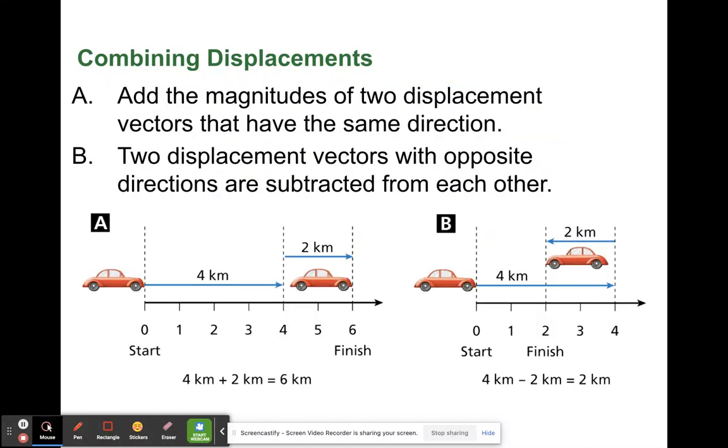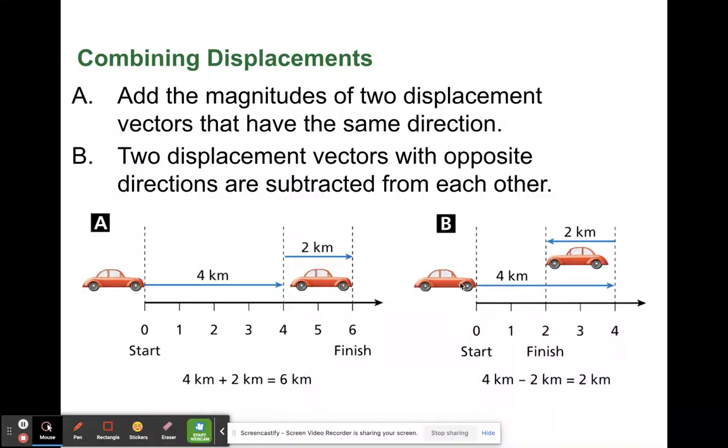So here's an example of what I'm talking about. If we add the magnitude of two displacement vectors that have the same direction, you just add them up, right? So the car goes forward 4 kilometers and then goes forward another 2 kilometers. So the total displacement is 6 kilometers.